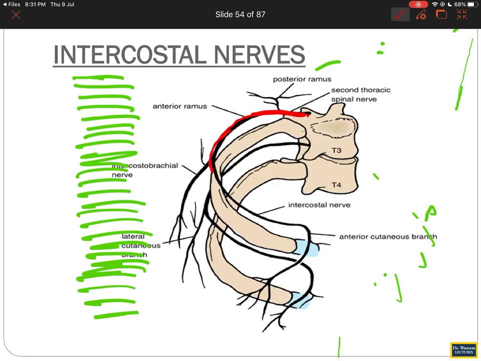Mid-axillary means on a line that you can draw between the two axillary folds.